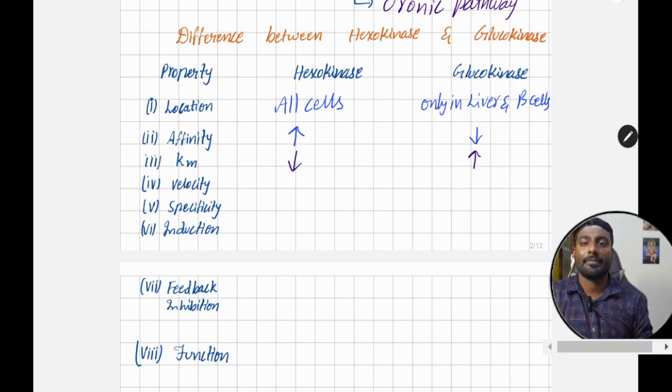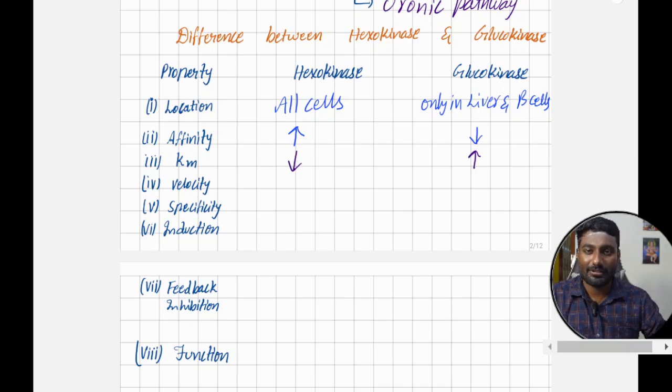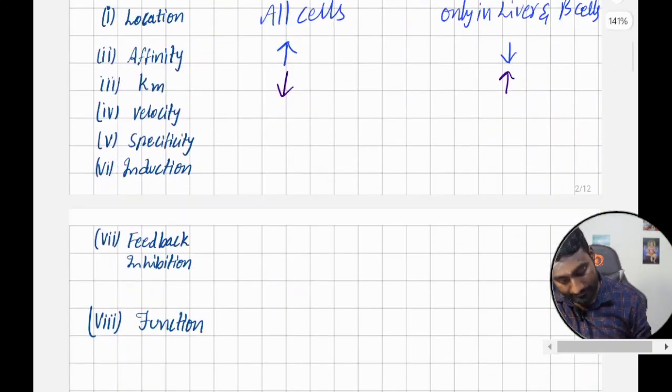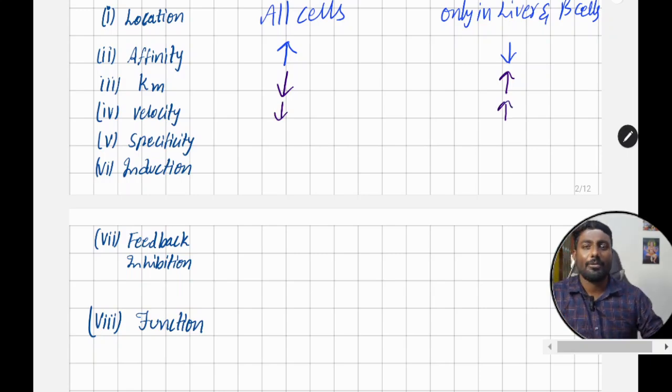Okay, very good. Now, what about velocity, students? If you see the basic definition of Km, Km is the concentration at which velocity is half of Vmax. So, Km and velocity are directly proportional. That means hexokinase has less velocity compared to glucokinase, and glucokinase has more velocity.